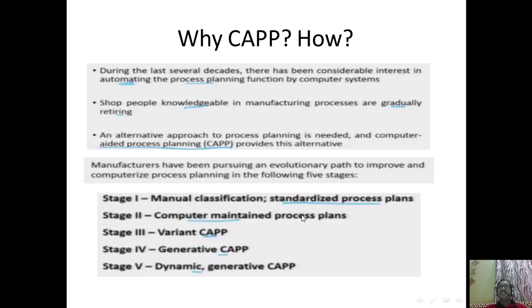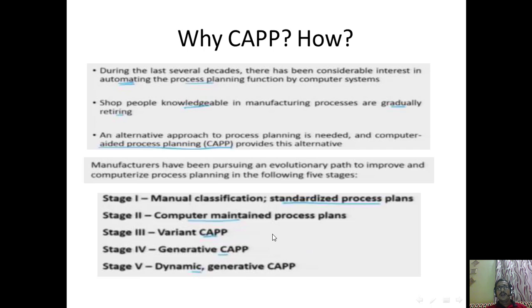Then after checking the similarity of the job, which group of family it belongs to, again manually from the computer we retrieve a particular file for choosing the process, a particular file for choosing the cutting tool and sequence, and finally another file for calculating the time standard.